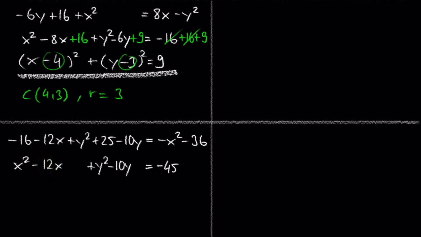12 divided by 2 is 6, and 6 squared is 36. 10 divided by 2 is 5, and 5 squared is 25.